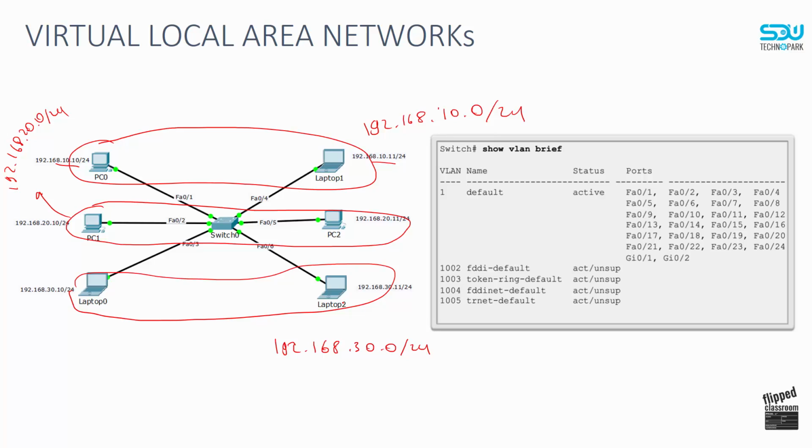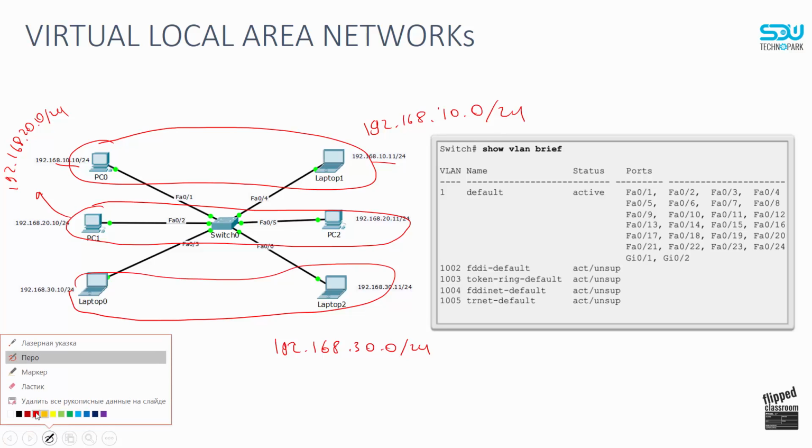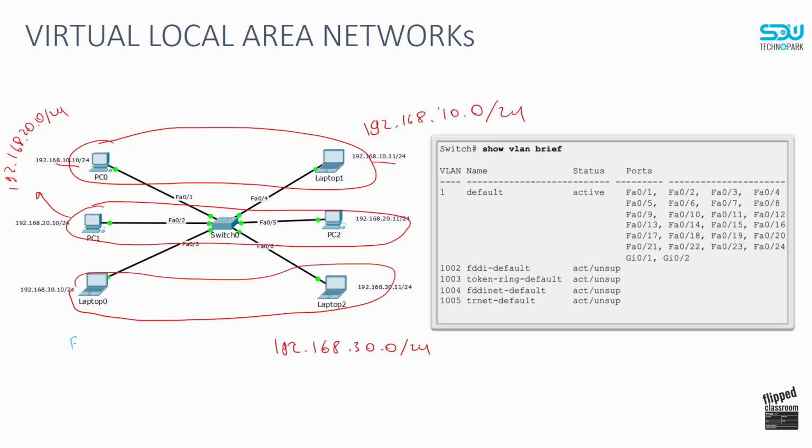we may have a situation where, as you see here, we have a logical division by IP addressing, but in case one of our equipment generates a broadcast communication, for example laptop 0, this broadcast packet will go to the switch as a frame.